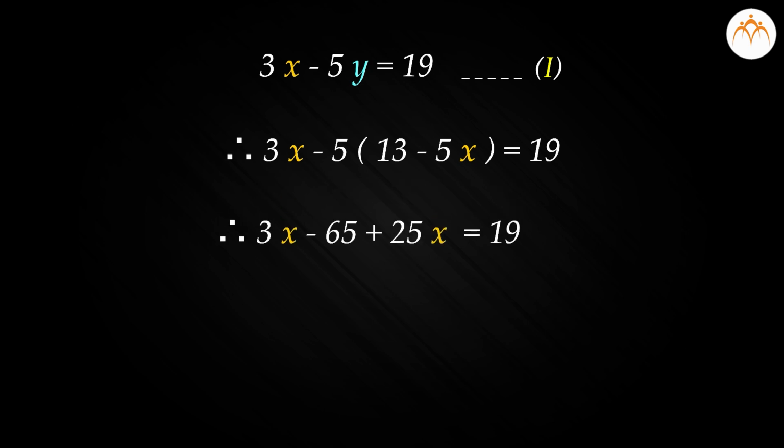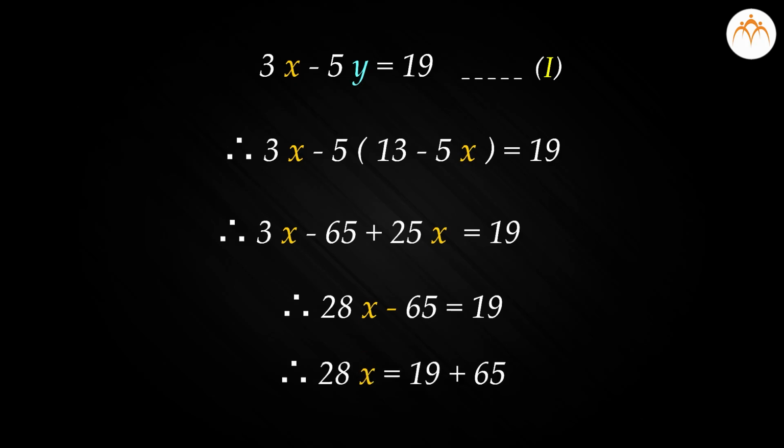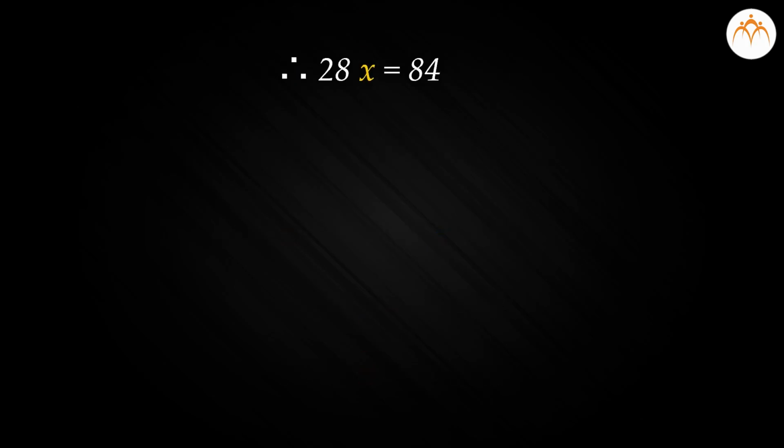Therefore, 3x minus 65 plus 25x is equal to 19. Therefore, 28x minus 65 is equal to 19. Therefore, 28x is equal to 19 plus 65. Therefore, 28x is equal to 84. Therefore, x is equal to 84 divided by 28. Therefore, x is equal to 3.